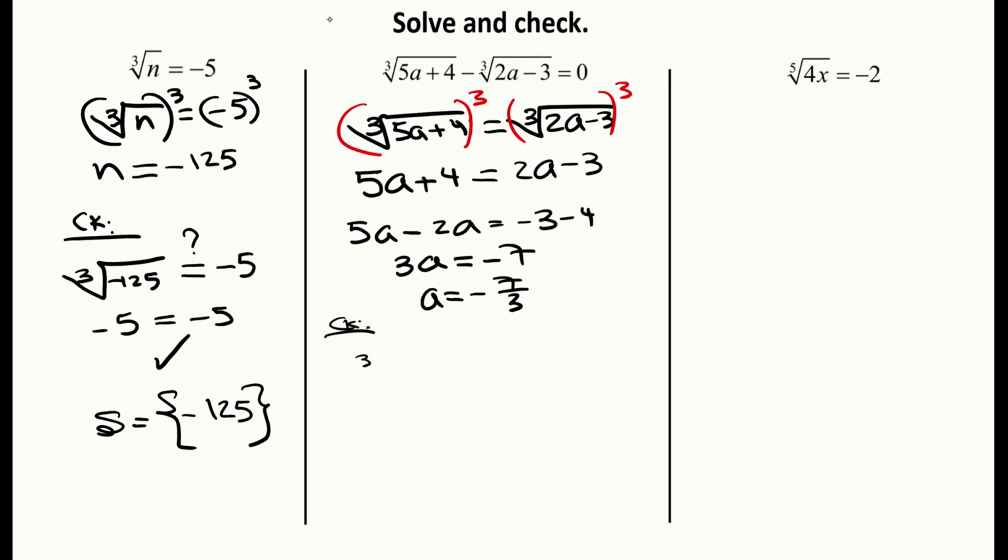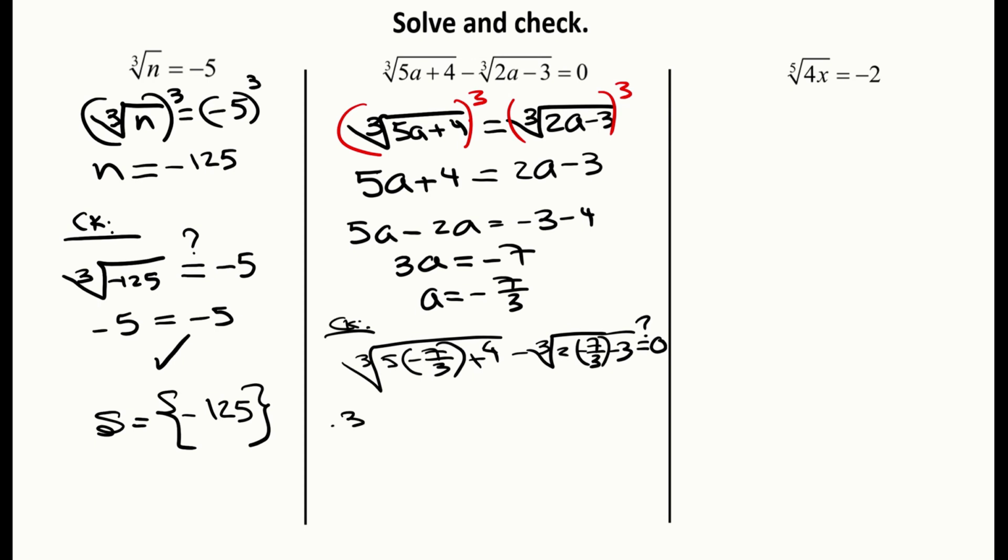we get the cube root of 5 times negative 7/3 plus 4 minus the cube root of 2 times negative 7/3 minus 3, and we want to make sure that that difference is 0.